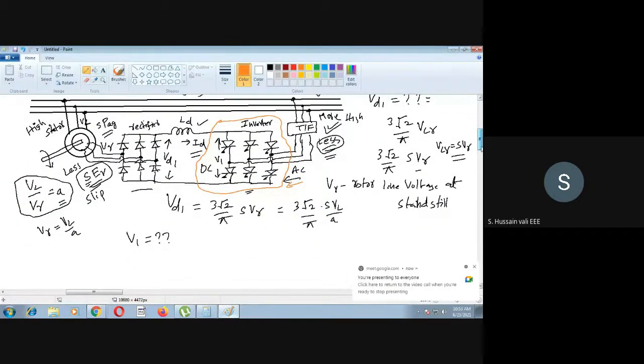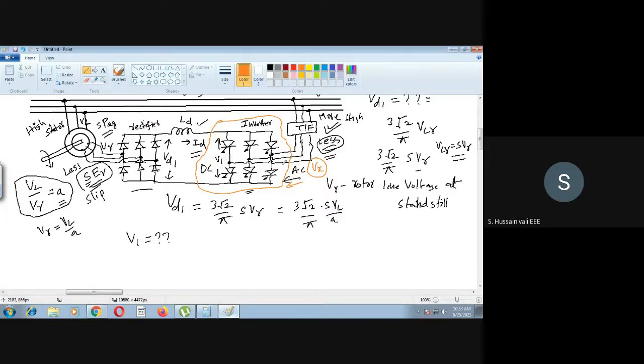If you recall that, we get one important observation. Assume the line voltage on the AC side here is Vx, just an assumption. Then what is the DC voltage you will get here?